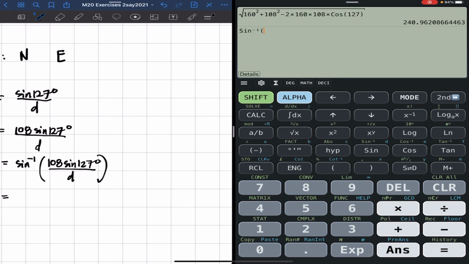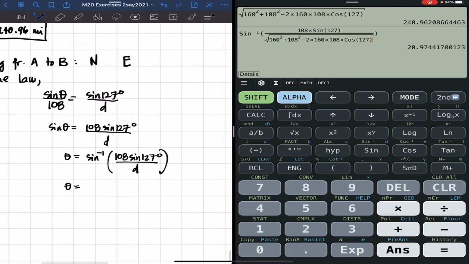So, meron tayong sin inverse 108 times sin 127 divided by D. Ano yung D natin? Yan yung may malaking square root sa taas. Yun yung kinumpute natin kanina. 160 square plus 108 square minus twice ng 160 times 108 times cosine 127.